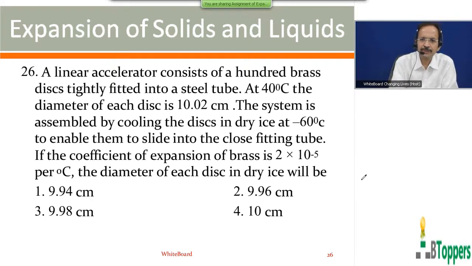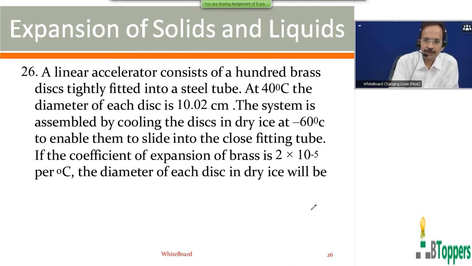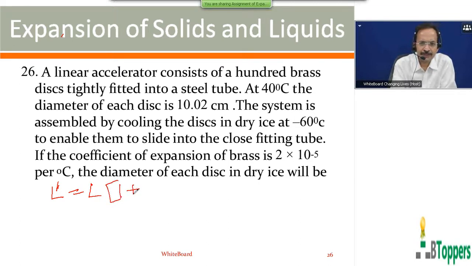So, the length or perimeter of the disc is proportional to the diameter. So the final length L dash, or perimeter of each disc, is equal to the initial length into 1 plus alpha for the material of the disc into the change in temperature.